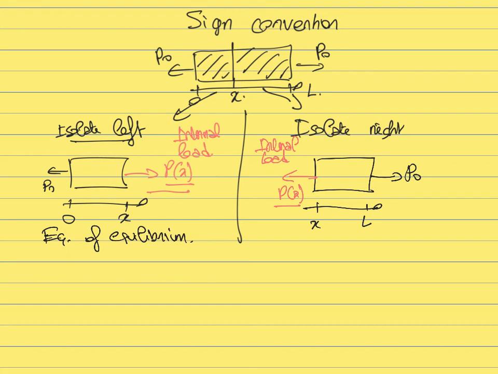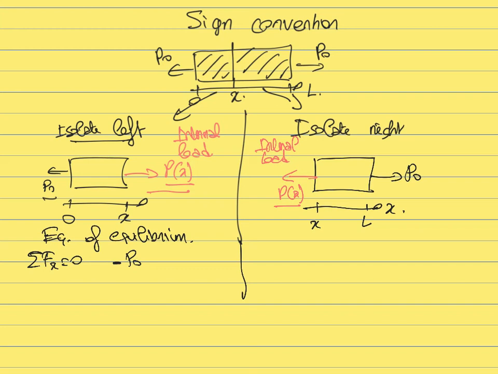We are going to say that the sum of the projection of the forces along X equals 0. If we look at the first case where we isolate the left, first we have the load P naught, the load that is applied on the right. Sorry, it has a negative projection. It's pointing towards the negative X. So its projection is minus P naught.